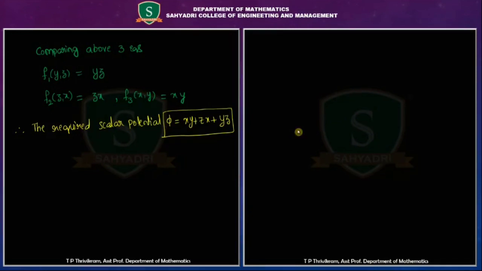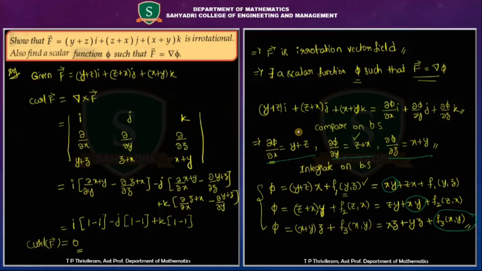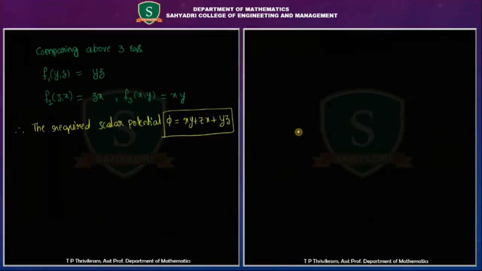Okay, understood? Yes, sir. Any doubts here? So that unique phi value is this much. Even if you substitute f2 in the second equation, you will get the same equation, because f2 of z comma x we found as zx.